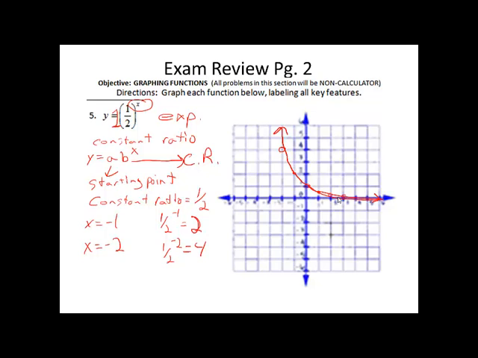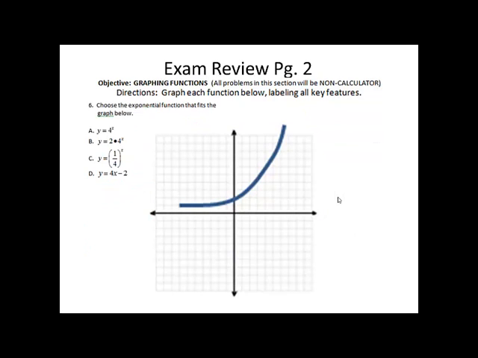Number 6. Number 6 is a multiple choice, and it looks like we have a curve here. So whenever we have that curve, remember an absolute value is a v, one way or the other. A linear line is just a straight line.